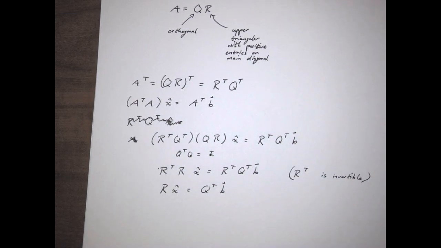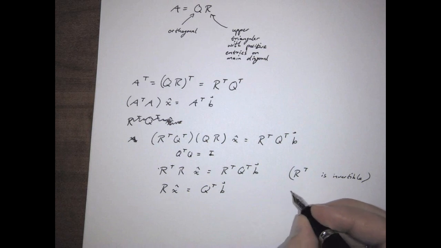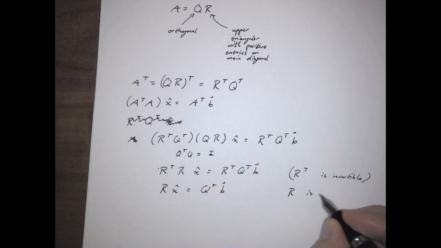So we can basically cancel it out from the left on both sides by multiplying on the left by R transpose inverse. And then R is also invertible.